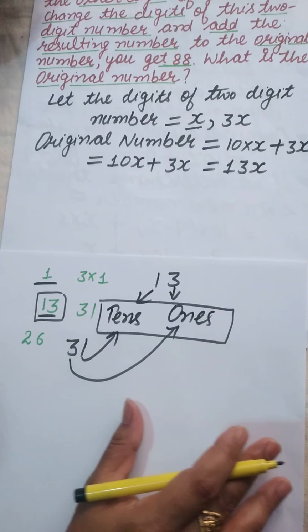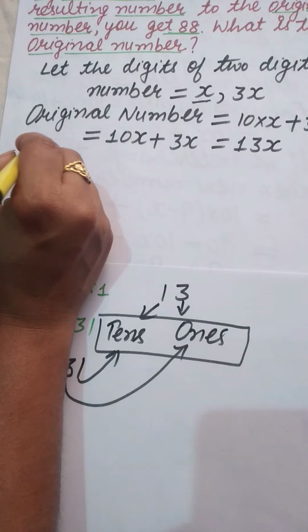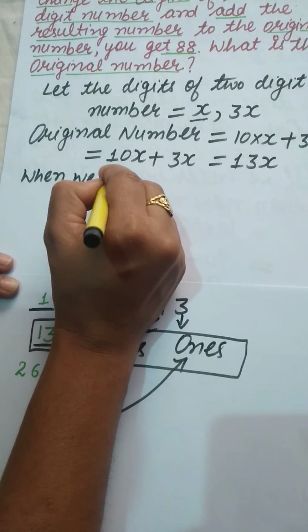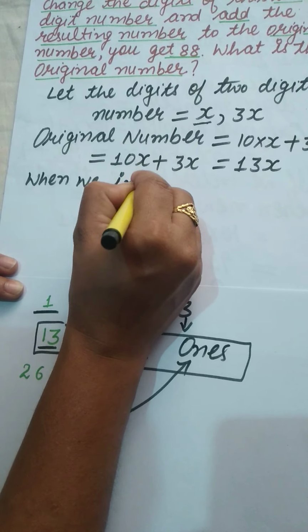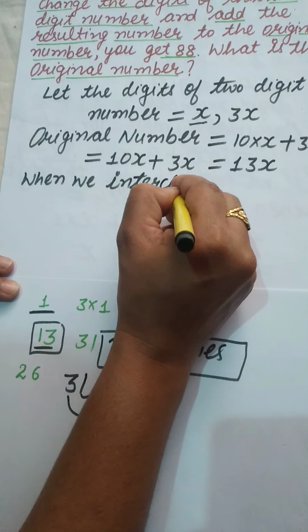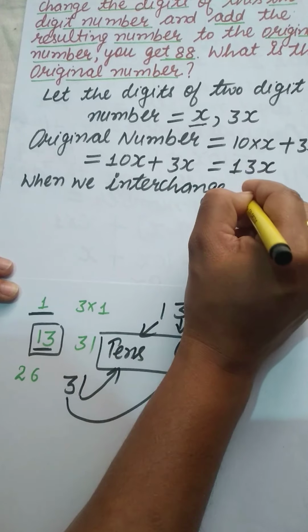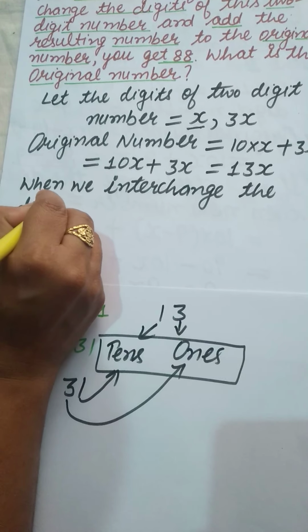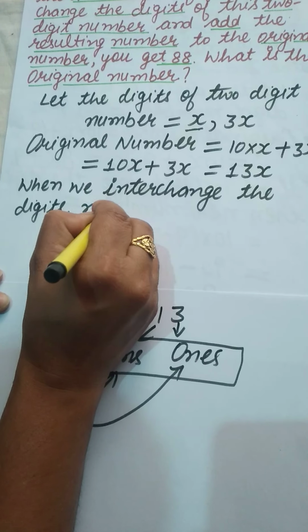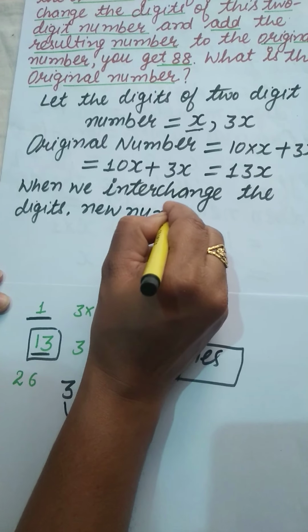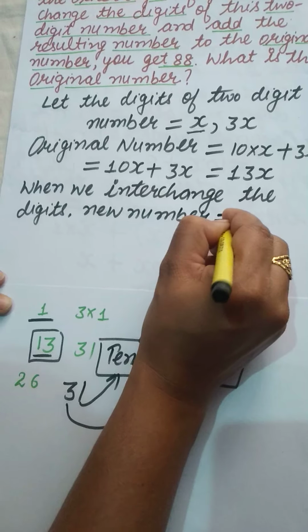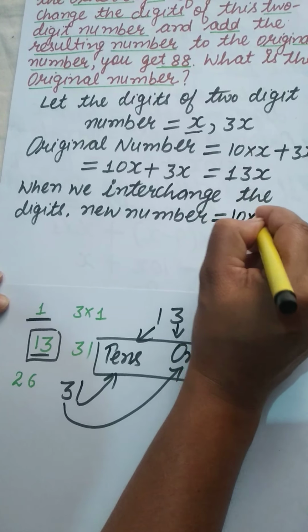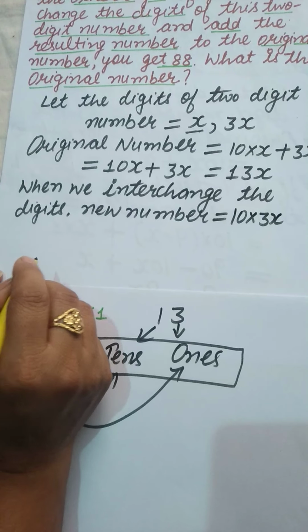Now when we interchange the digits, the new number is equal to 10 multiplied by 3x.